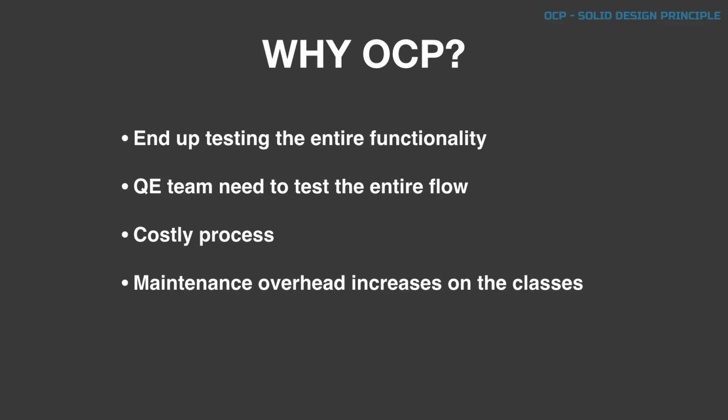So the QE effort is more, it's a costlier operation, and the maintenance overhead on the classes increases. Every time you write a new function or a new feature, you will end up testing the whole set of features again because you are touching code which might be getting used at any other place. That's why the Open Close Principle is very important.